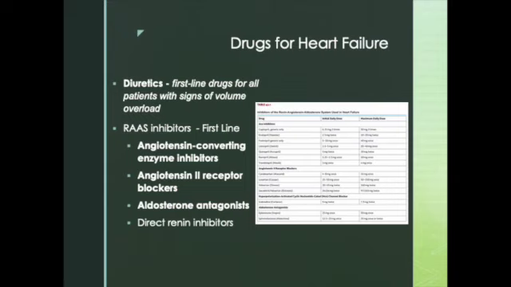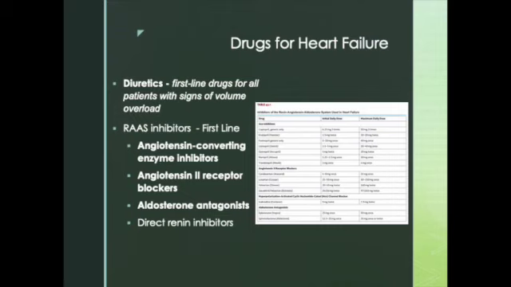Aldosterone antagonists, like spironolactone, can reduce the symptoms overall of heart failure, decrease the hospitalization and length of stay, and prolong life. The current guidelines for heart failure recommend adding aldosterone antagonists to your standard heart failure therapy, but only in patients that have persistent symptoms with ACE inhibitors and a beta blocker.